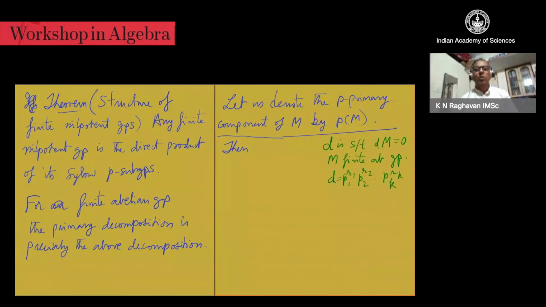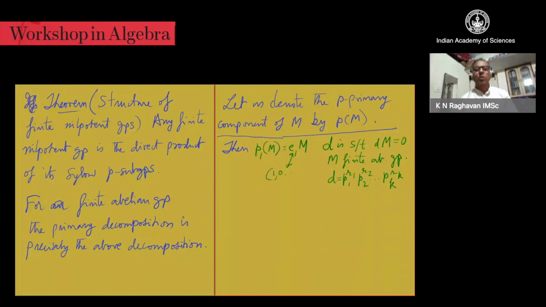And then we saw that E1M was the P1 primary component of M, and so on, where E1 is the idempotent corresponding to 1, 0, 0, 0, and so on.